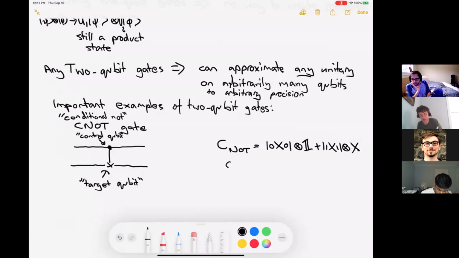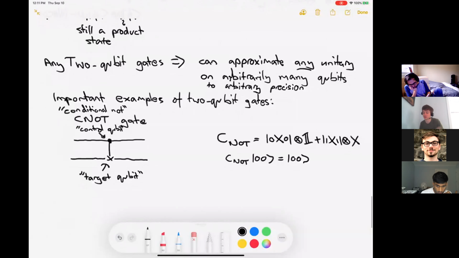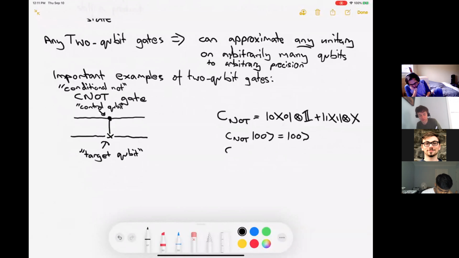In other words, CNOT of 0, 0: the first qubit is in state 0, so it does nothing to the target qubit. State 0, 0. CNOT 0, 1: again, does nothing to the target qubit, so it stays 0, 1.